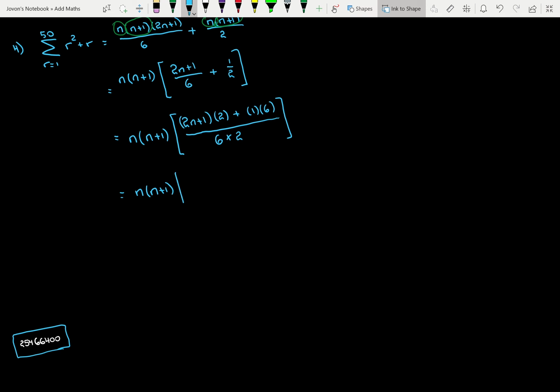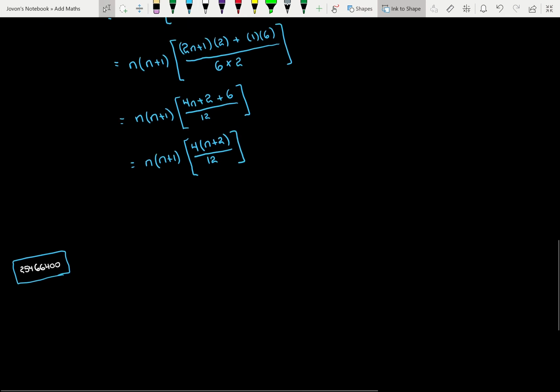Now this is supposed to simplify more, so it'll be 4n plus 2 plus 6 all over 6 times 2, which is 12. So this actually looks like it would simplify, right? n into n plus 1 all over 4n plus 8. But we could actually factorize out 4. So it'd be 4 multiplied by n plus 2 all over 12.